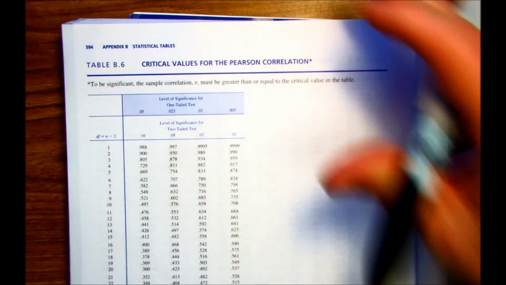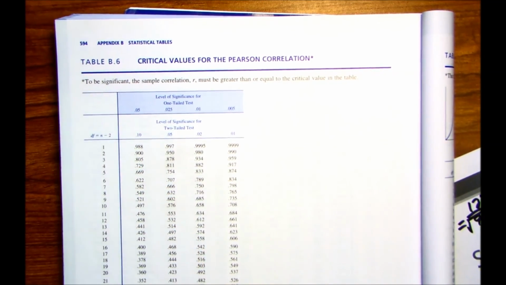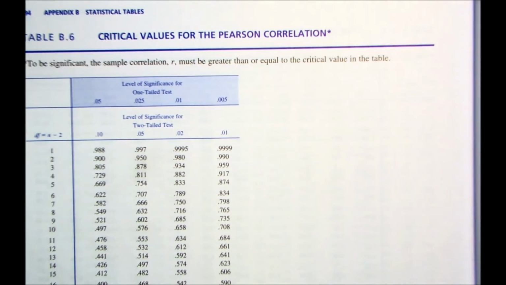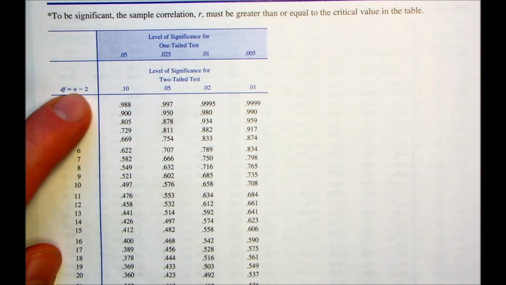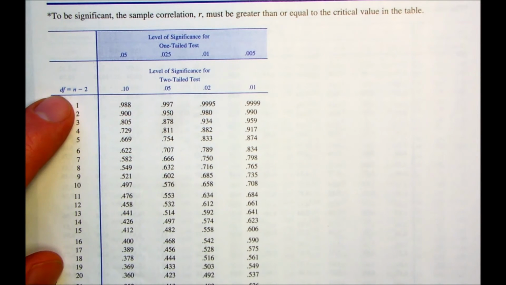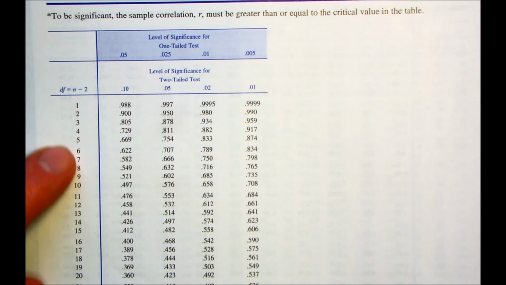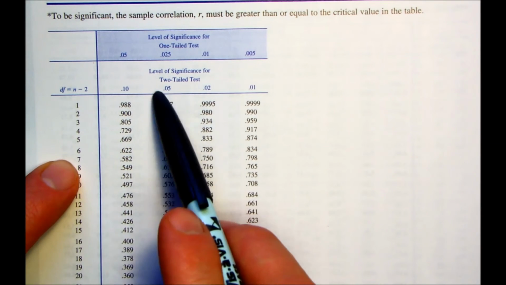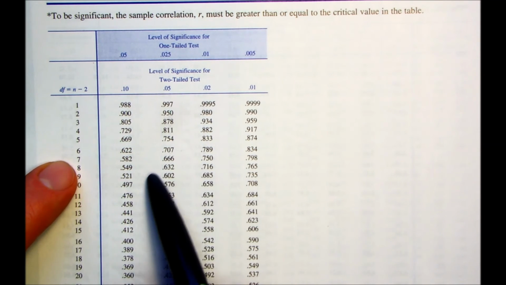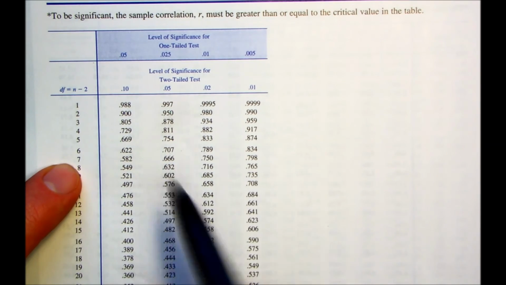So this is page 594, critical values for the Pearson correlation coefficient. Our degrees of freedom is n minus 2 for this. So our sample size was 9, minus 2 gives us 7. And then if we set two tails, 0.07, our cutoff is 0.666.